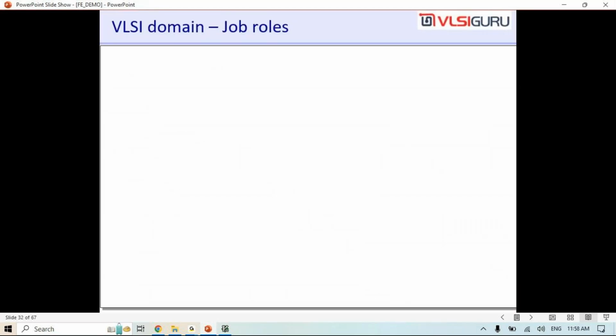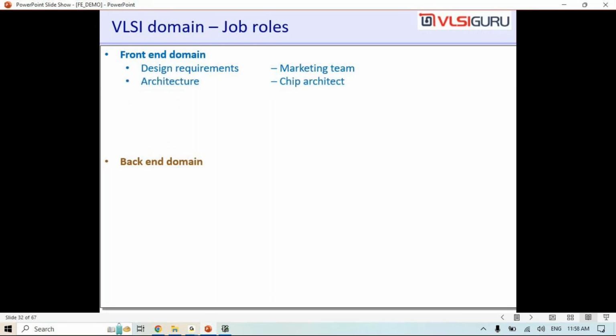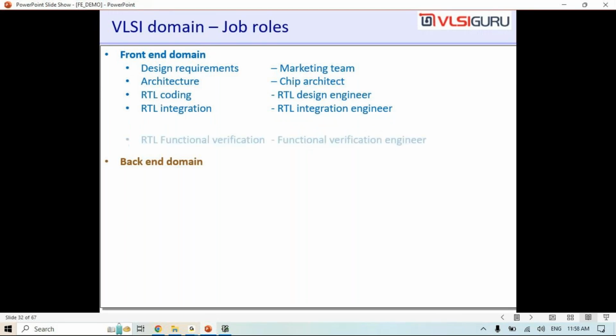In the VLSI domain, job roles are front end domain and back end domain. In the front end domain, design requirements are handled by the marketing team. Architecture work is done by the chip architect. RTL coding is done by the RTL design engineer. Integration is done by the RTL integration engineer.